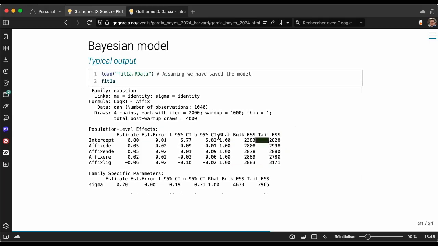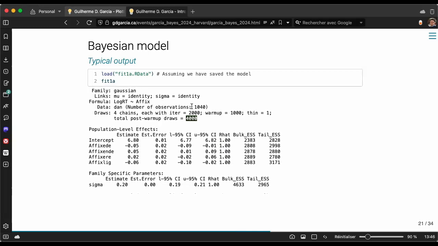We normally look at R hat as our diagnostics, R hat and the effective sample size. So the R hat should be 1, right? So if it's 1, it's good. There's a whole explanation for why it should be 1. Doesn't matter right now. The effective sample size, of course, is how many of the samples that we're taking are actually useful, right? Because we're taking 4,000 samples here. That's the default. We can change all of that.